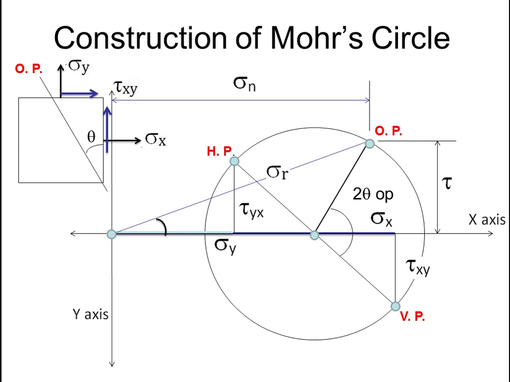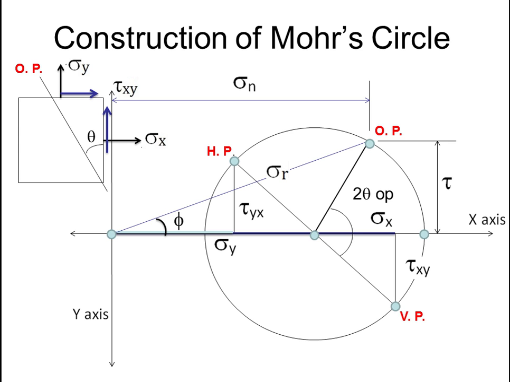The angle between the x-axis and the sigma r line gives the value of the angle of obliquity. By directly measuring this angle, we get the angle of obliquity in the oblique plane.